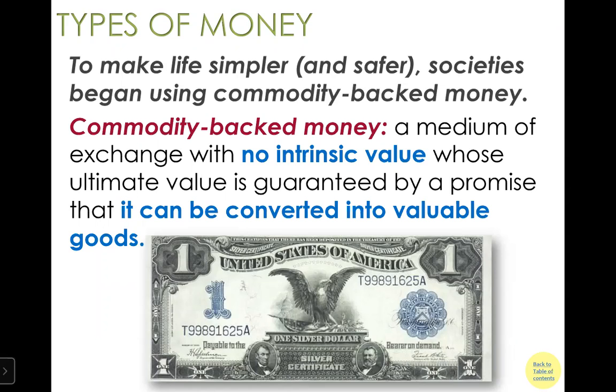Now we move to the second type of money. It's called commodity-backed money. Now, what's the difference? We are going to have some money in a modern form, like this background picture shows, right? This medium of exchange, or the money we use, itself has no intrinsic value, like this piece of paper.